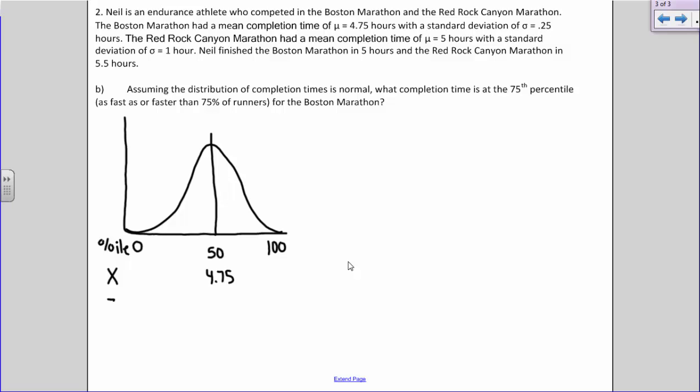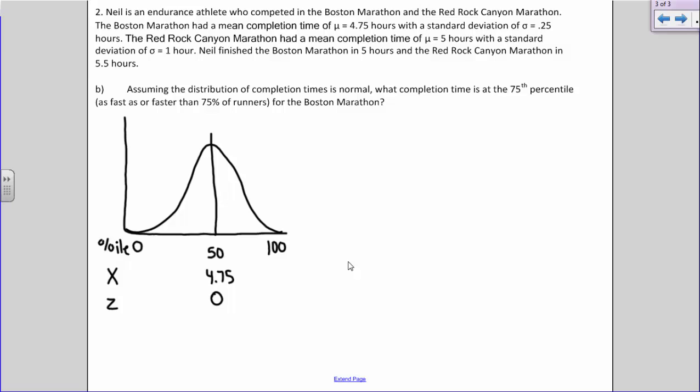And what z-score will 4.75 have? 0, right? The z-score for the population mean is always 0. The z-score tells you how many standard deviations away a specific score is from the mean of all the scores. And if your score is equal to the mean, then you're 0 standard deviations away from the mean. So your z-score is 0.